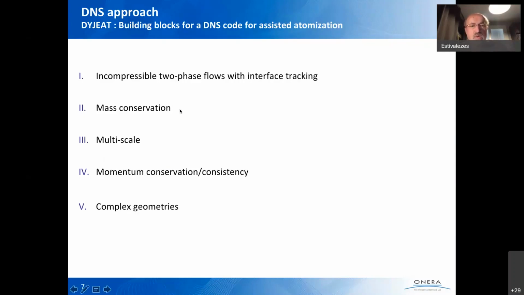Okay, so we try to capture the interface between both gas and liquid phase. We have developed some interesting features like momentum conservation, consistency approach, and we also have some ingredients to deal with complex geometry.